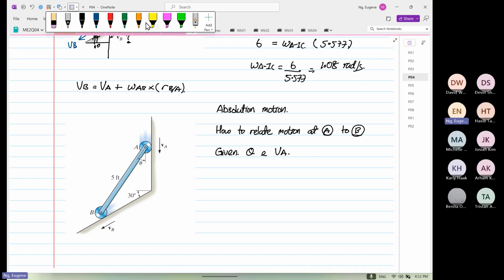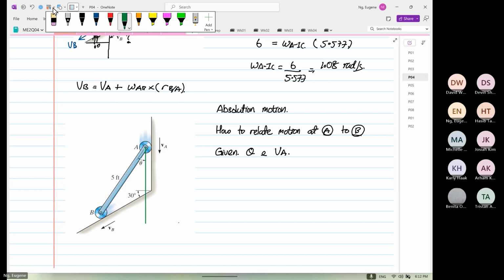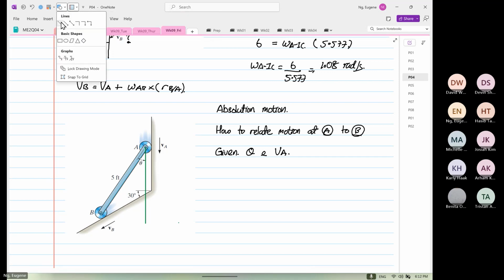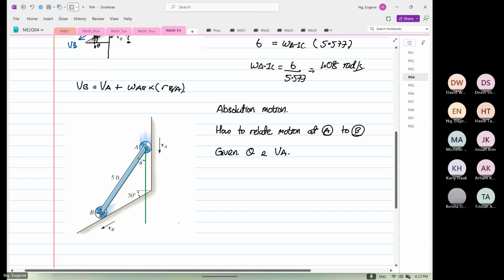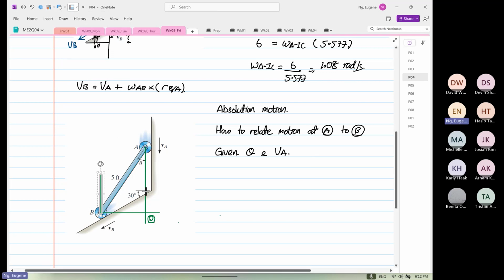I'll draw green lines. I'm going to call this my point D, and I'm going to construct another line over here and a line across.